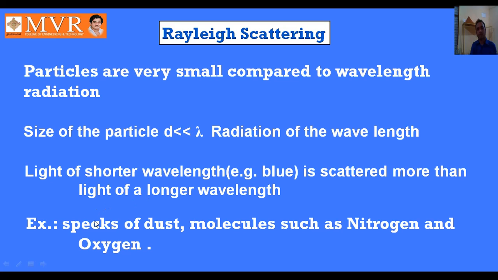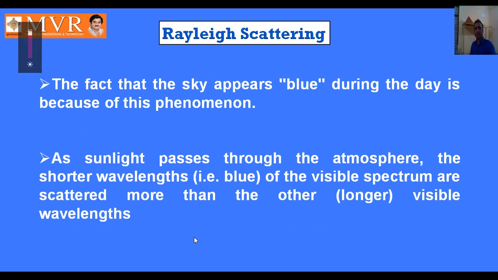For example, small dust particles and molecules such as nitrogen and oxygen cause this. The fact that the sky appears blue during the day is because of this phenomenon. Why does the sky appear blue?